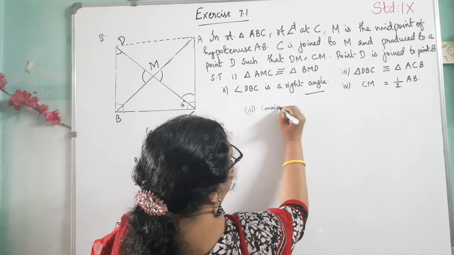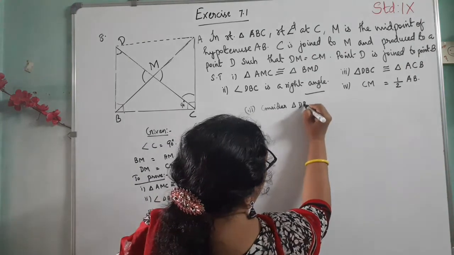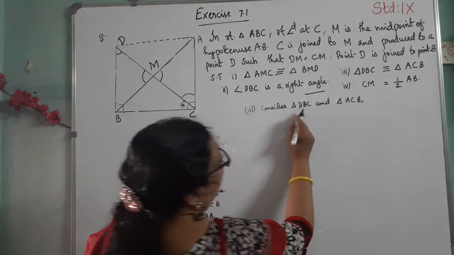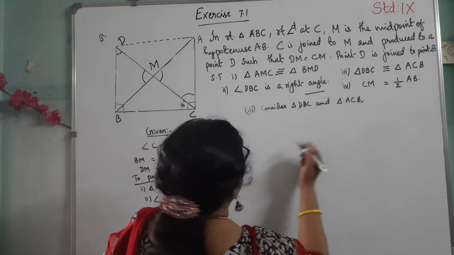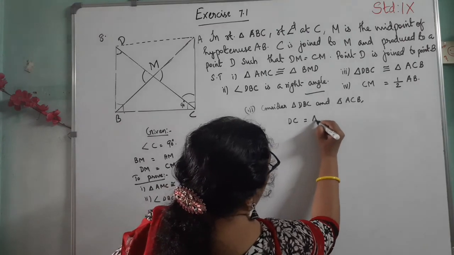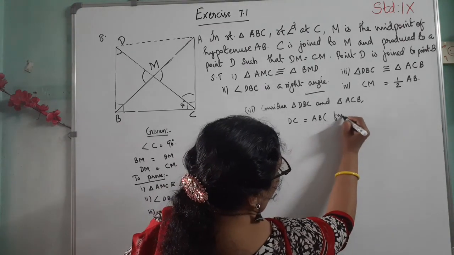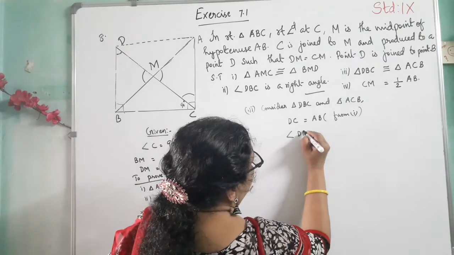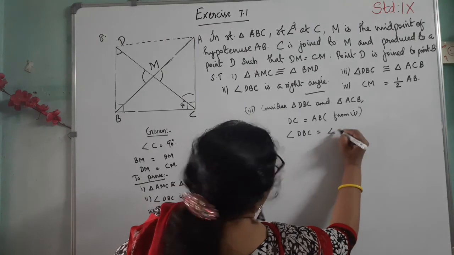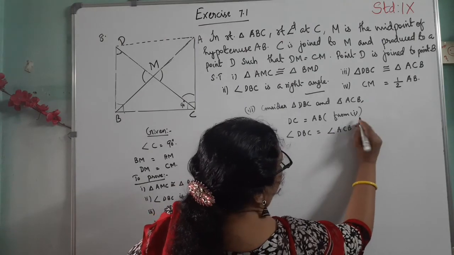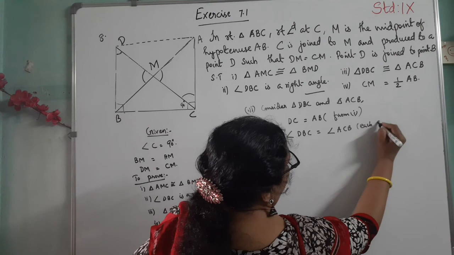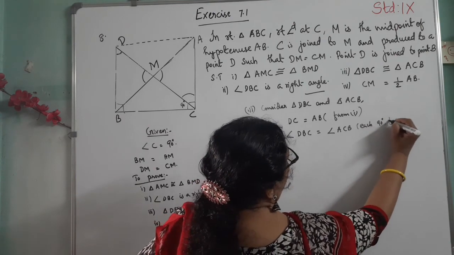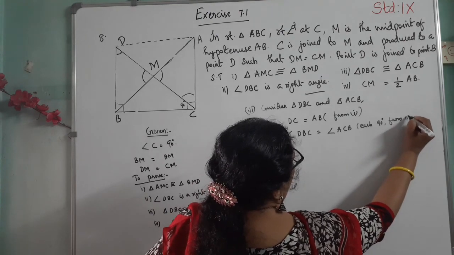Then the third part: consider triangle DBC and triangle ACB. From here DC equals AB, that is from 1 we get DC equals AB. Then angle DBC equals angle ACB, each 90 degrees, from 2.